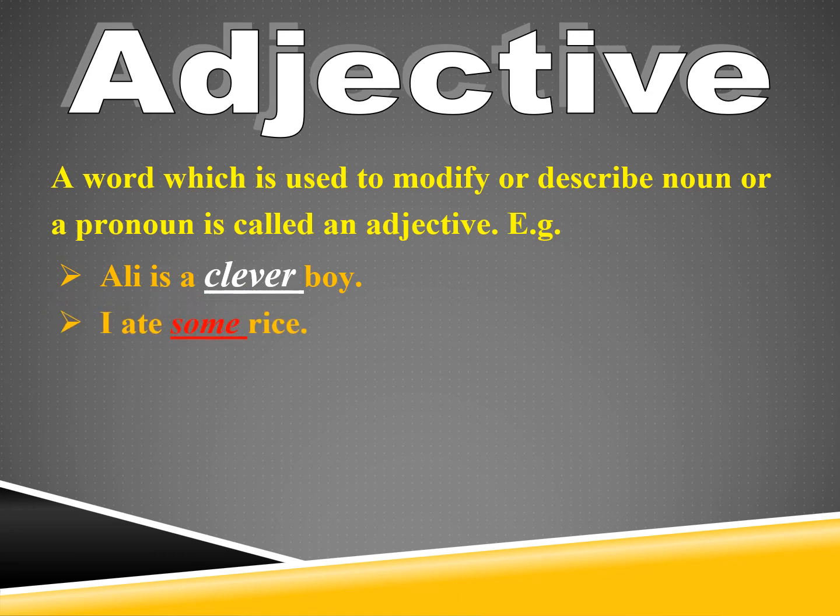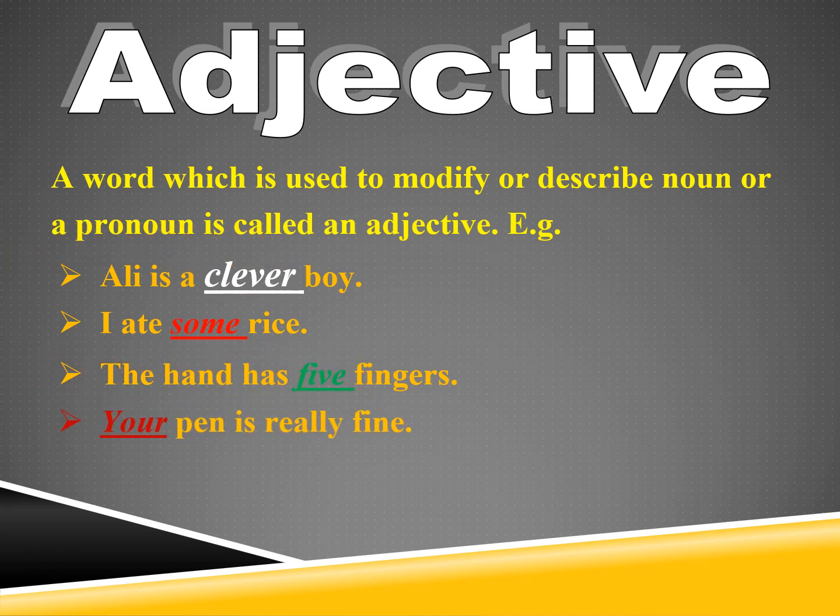I ate some rice. Here the word some is an adjective because it shows the quantity of rice I ate. The hand has 5 fingers. The word 5 in this sentence is an adjective because it shows the number of fingers the hand has.